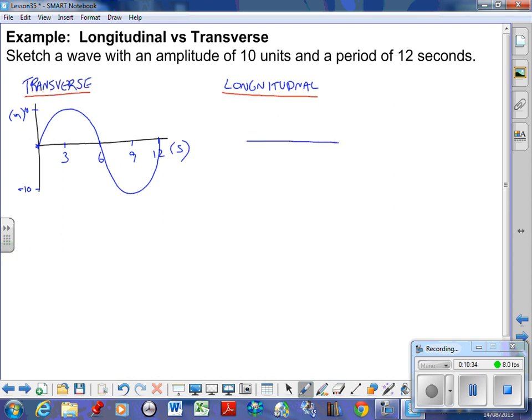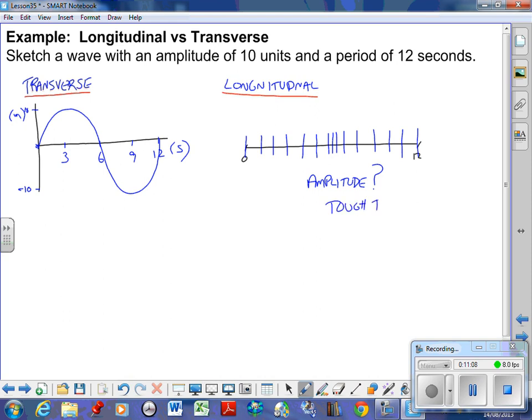So if we had just an x-axis to work from here, so 0 to 12 seconds, I could start off with a rarefaction and end with a rarefaction. And in the middle, I would need my compression. The line's going to spread out to that rarefaction. So there's the period, but amplitude is subjective in this case. Okay? Tough to represent.